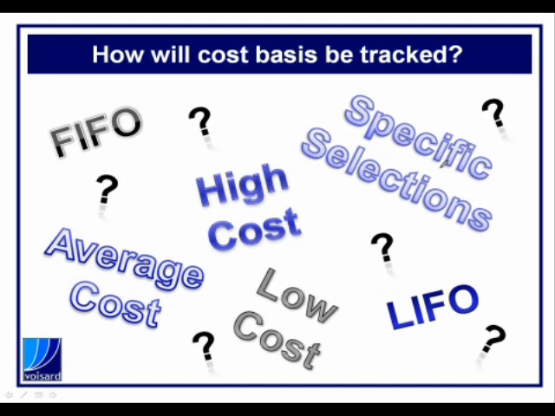Well, pretty soon the media, when they start getting a hold of this towards December and early next year, are going to begin to throw around terms like average cost and LIFO and FIFO and specific selection, and the question becomes, well, which one am I following, and which one is correct? Because you can choose really ultimately any of these methodologies.